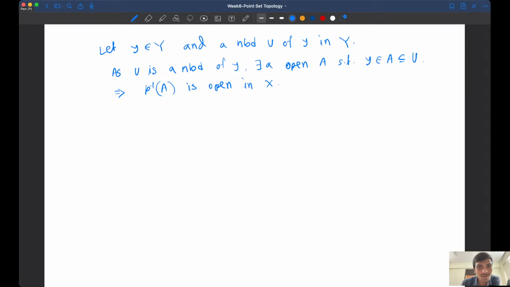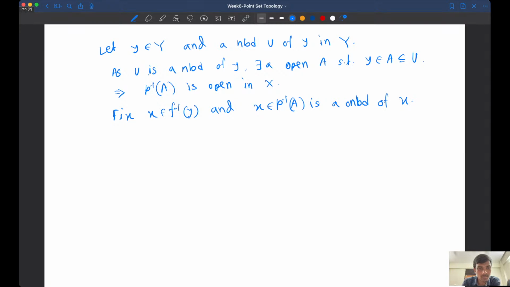So P inverse A is open in X. Fix x belonging to P inverse y, and x belongs to P inverse A, which is an open neighborhood of x.